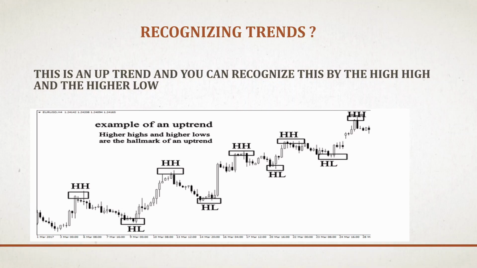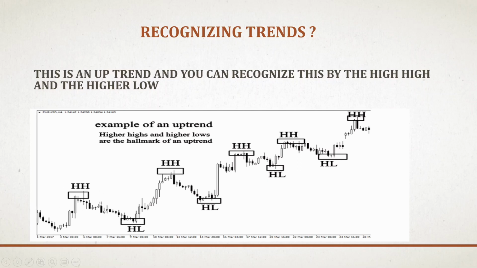First of all, we have to also recognize which trend it is. So this is an uptrend. You can recognize this by the higher highs and the higher lows. So I made a nice example so that you can look it up and you can see very easily what I mean by this.